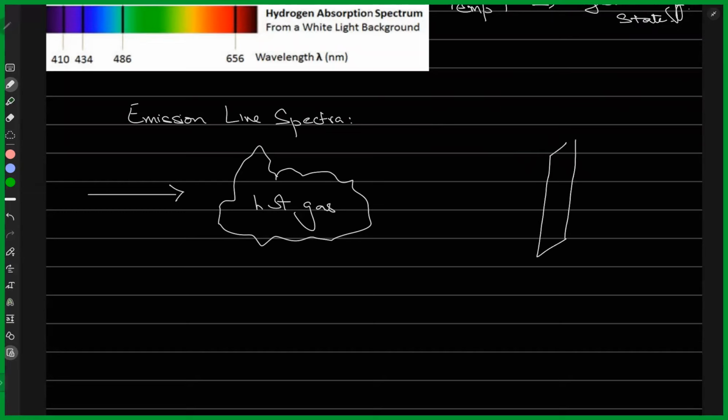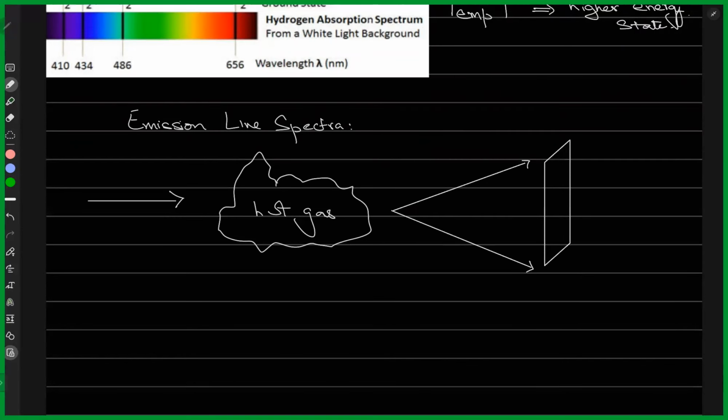When you pass this through a cloud of hot gas, it splits into specific colors. I'll just draw these two lines, but it splits into these discrete colors.